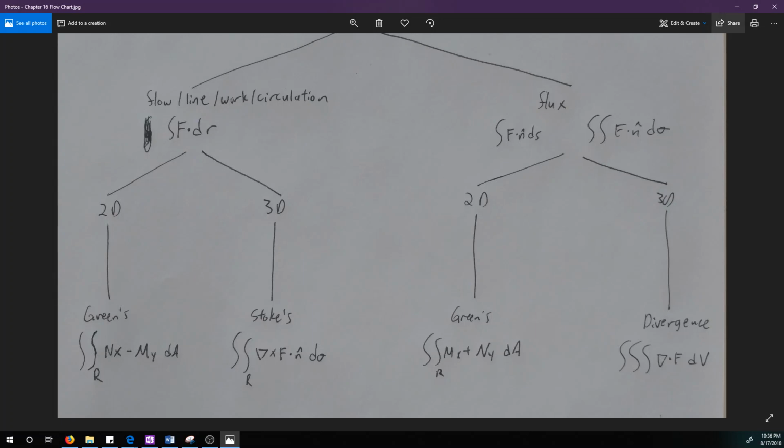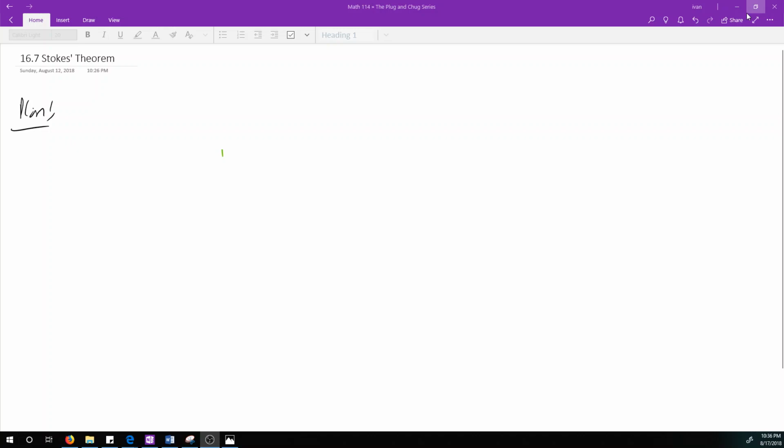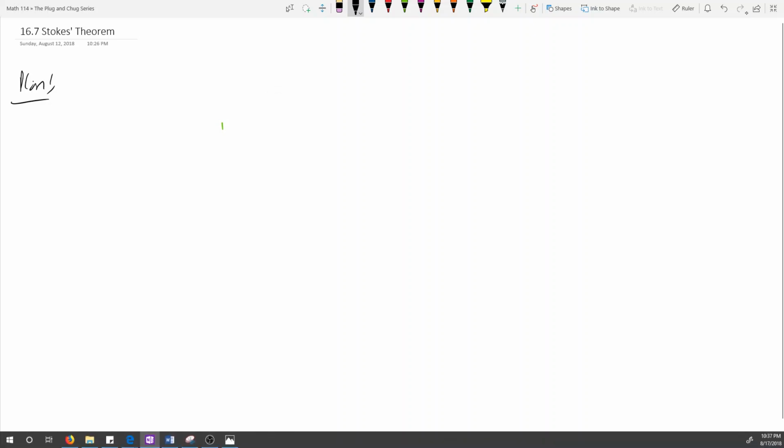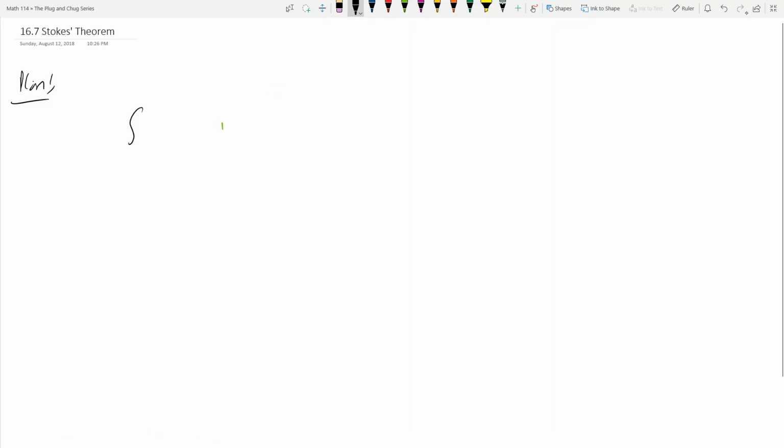So let's hop in then to 16.7, which is Stokes' theorem, and I'm going to be splitting this section up into two videos. The first video, if we remember what that was, we had f.dr, and there really should be a circle there because it has to be over a closed curve.